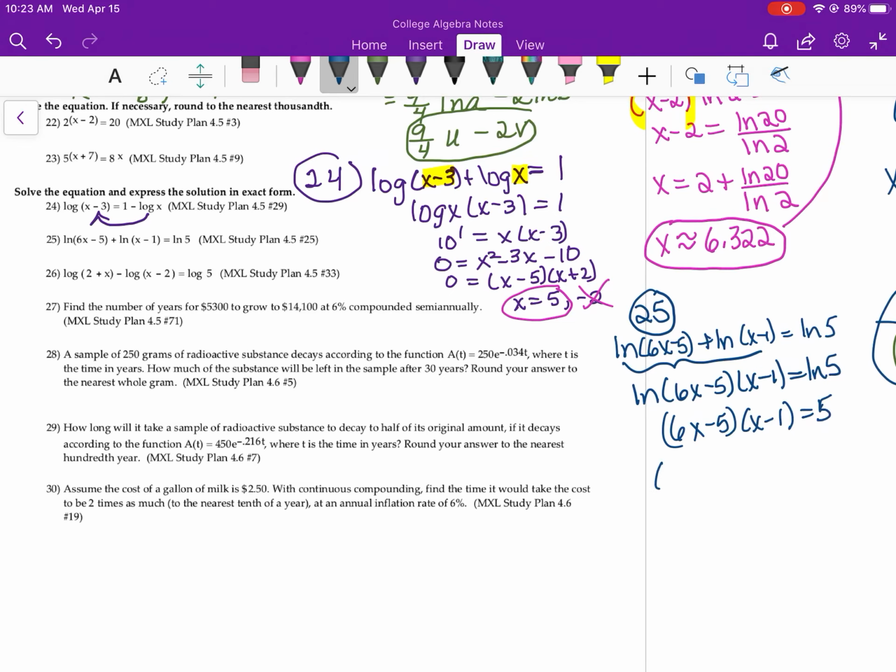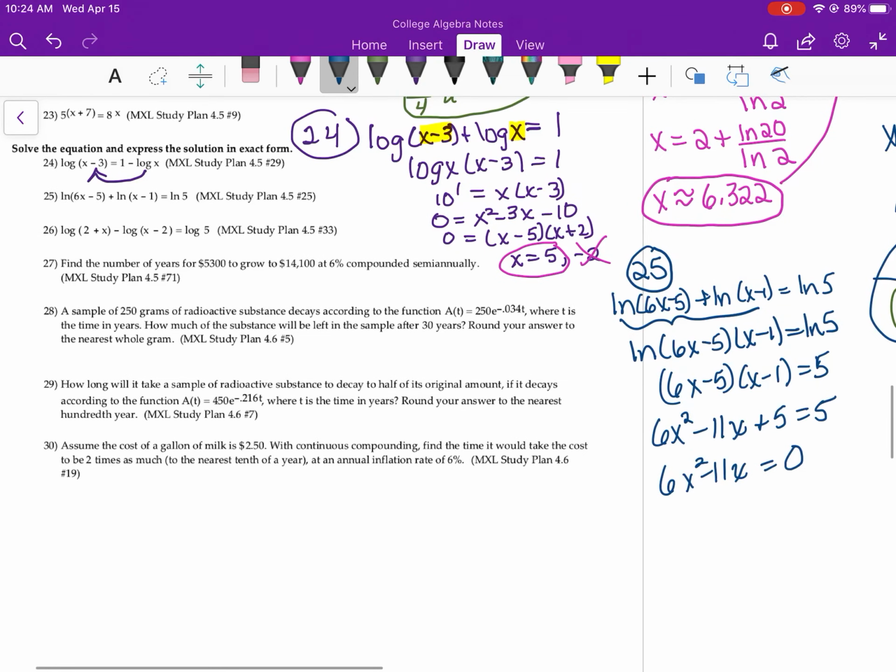I'm going to FOIL. So minus 5x and minus 6x. Bring my 5 to the other side. Factor out an x. And then I'm going to check my answers.